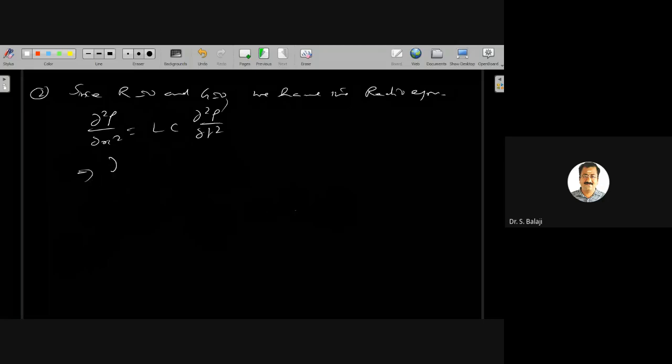You write like this here: dou square rho by dou x square is equal to a square into dou square rho by dou t square, where a square equal to LC.